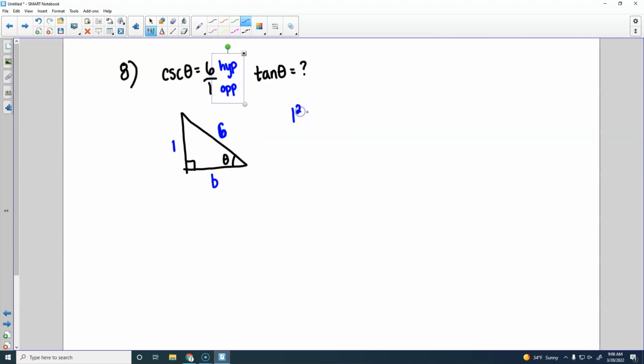So 1 squared plus b squared will equal 6 squared. 1 plus b squared equals 36. So b squared equals 35. And we will square root both sides of that. So for this bottom side, we'll get square root of 35.